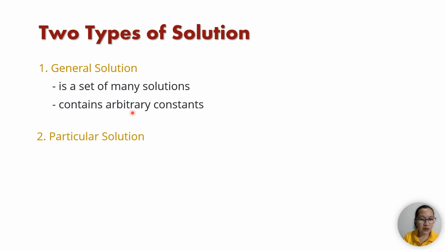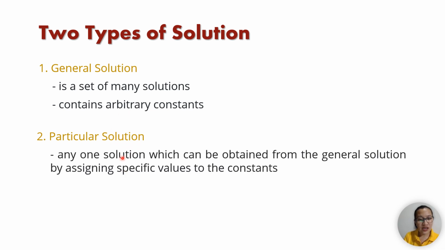For the other type of solution, we have a particular solution, which is any one solution which can be obtained from the general solution. How do we do that? By assigning specific values to the constants.